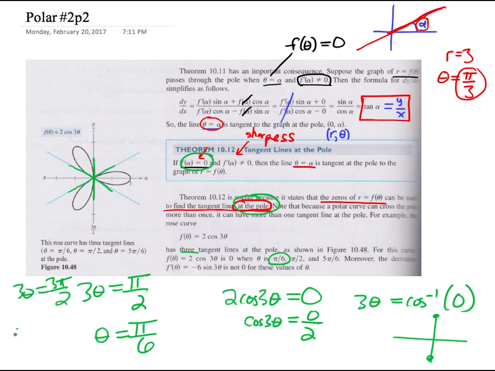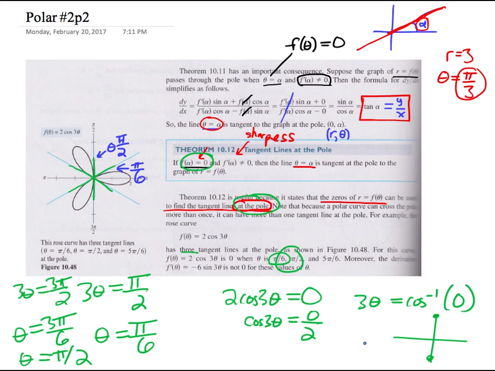So if we do that, then we get theta equals 3 pi over 2 divided by 3, which is theta equals pi over 2. Bam. And you can see that those match right here. So at theta equals pi over 2, we get this one. There's that one that we just did. And theta equals pi over 6, you can probably guess is this one.